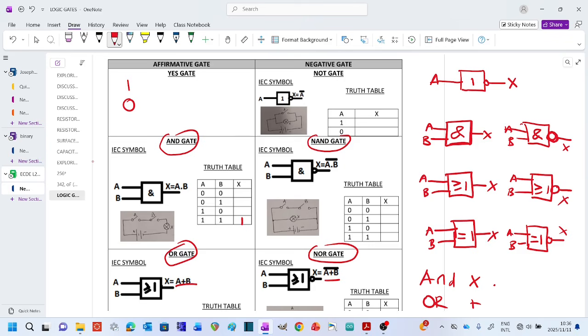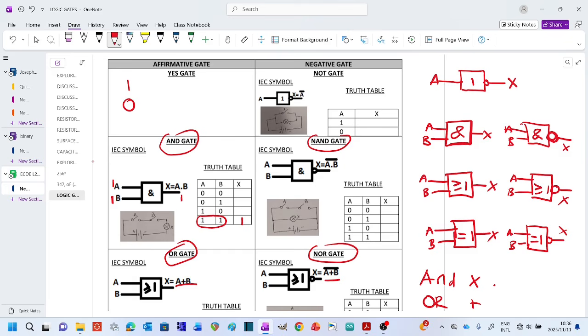That's the name: A and B. The input A must have a logic 1, the input B must have a logic 1, and you're going to have a 1 in the output.